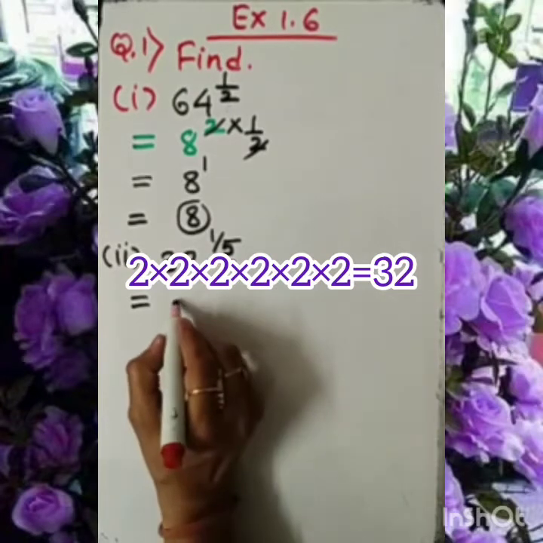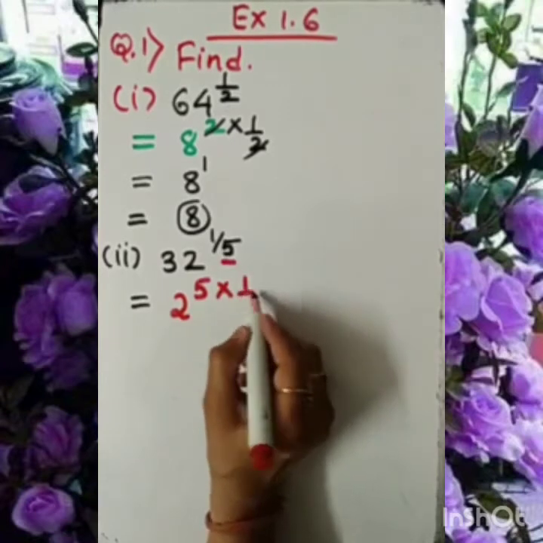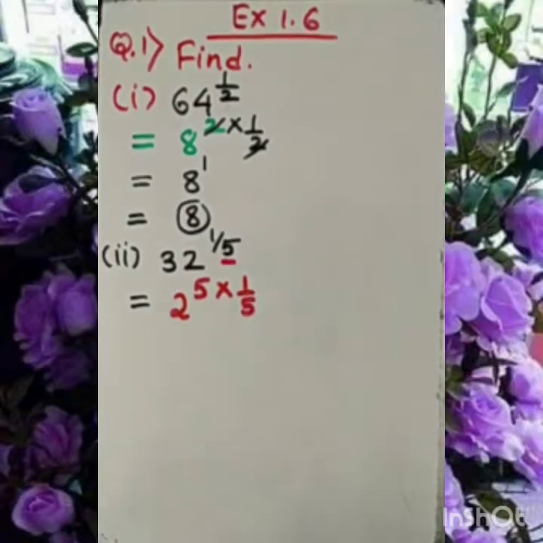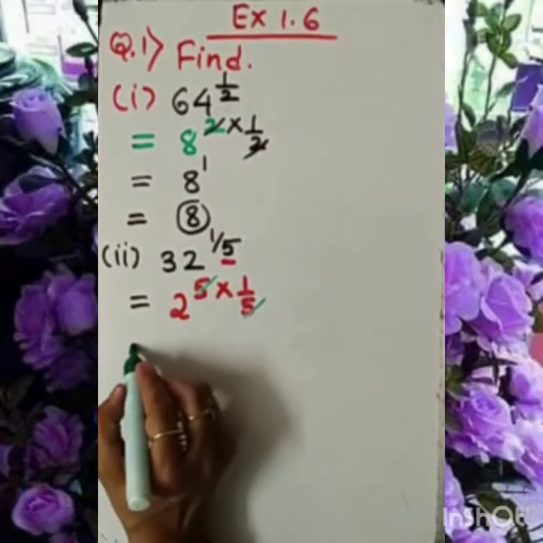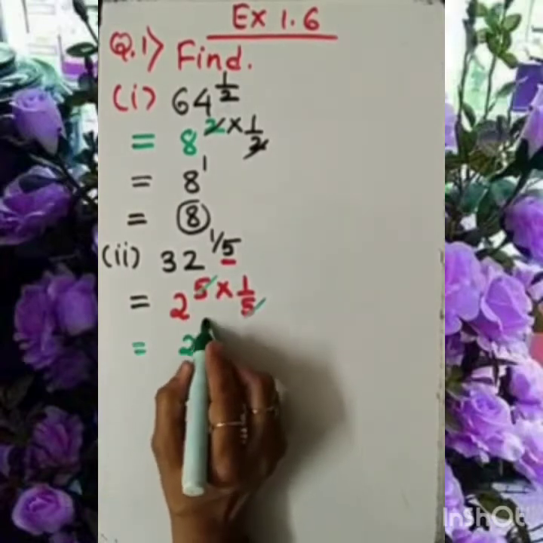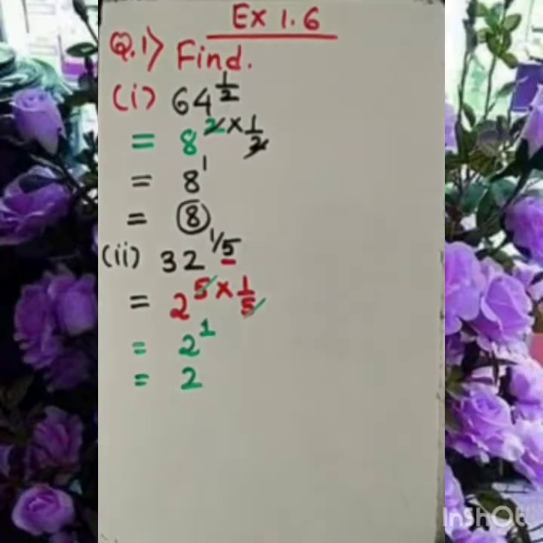How many times? 5 times. So 2 to the power 5, and here it is 1 by 5. Okay. So same procedure, 5 cancelled. So 2 to the power 1 left. So the answer is 2 to the power 1, which is 2. Simple.